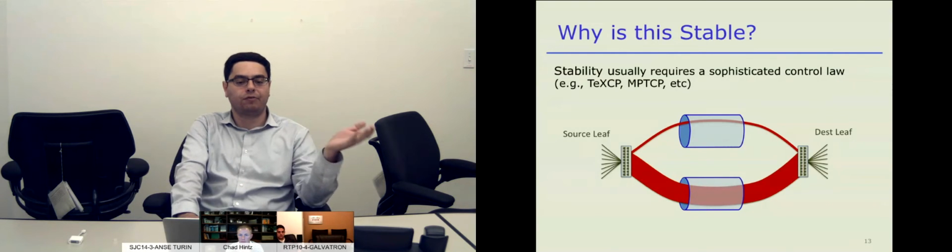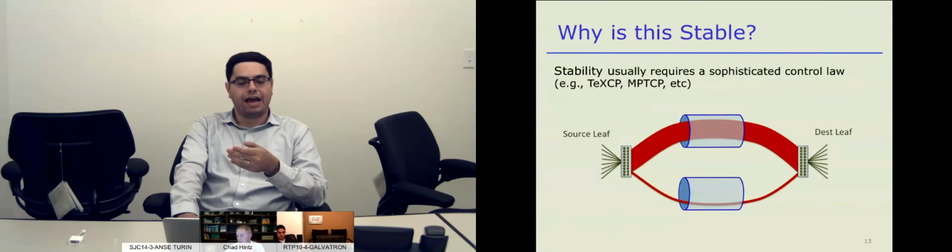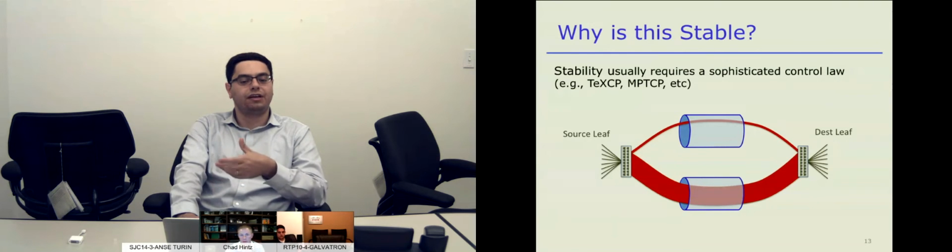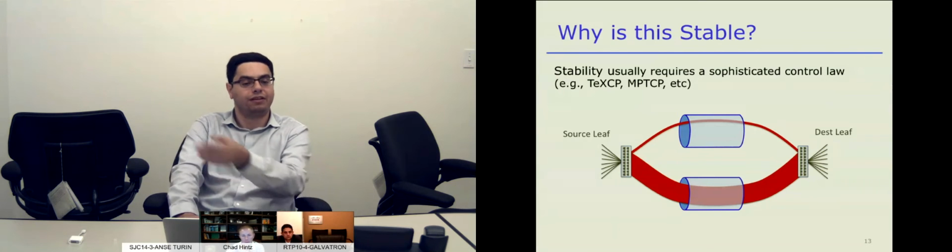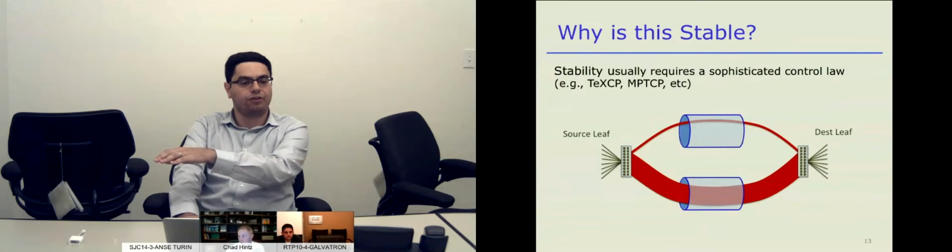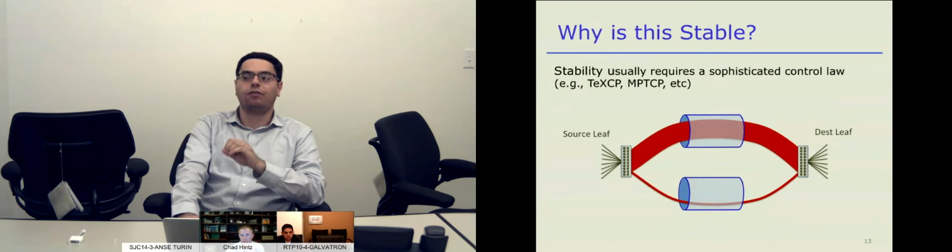I can move all the traffic from one path to another path, and by the time I realize this, it's too late, and I have to move back. So I can have oscillations like this. This oscillation and instability will degrade the performance of the mechanism. It might be better not to do anything than to have a situation where you're oscillating all the time like this.